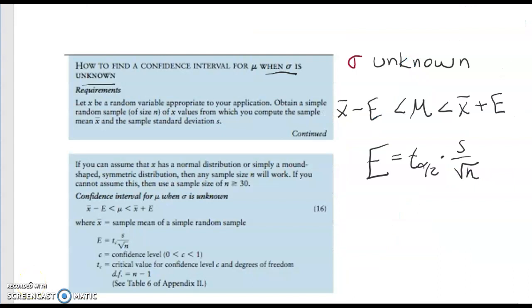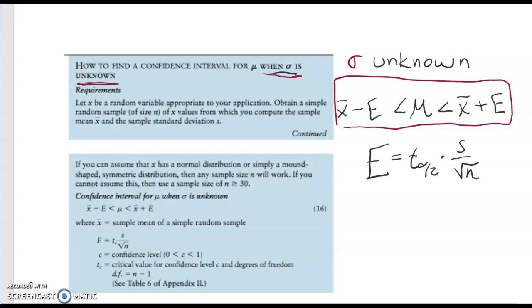Because we have the t-distribution, we can find confidence intervals for when sigma is unknown. Just like when sigma is known, the confidence interval format is you take x bar minus e, and then you take x bar plus e to get your limits for your confidence interval. Now, e represents error, and x bar is our sample mean.